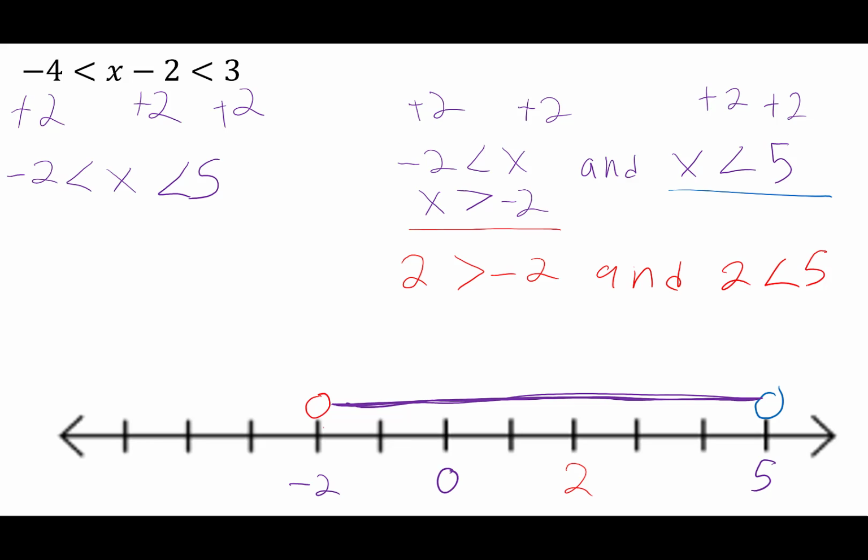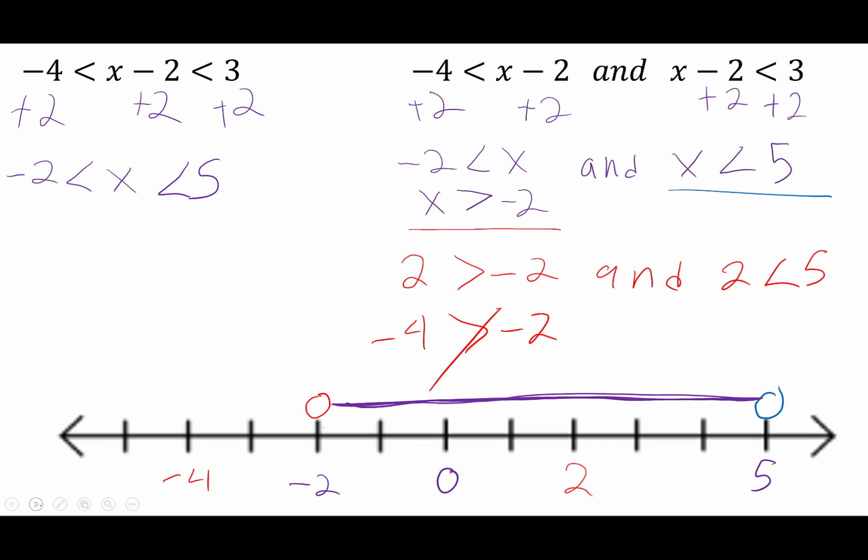So that is true. And I could pick any number in between these two dots, and I'd have a true statement. Now, if I picked a number that was outside, like say -4, well, is -4 greater than -2? No. So that automatically excludes it from being a solution.